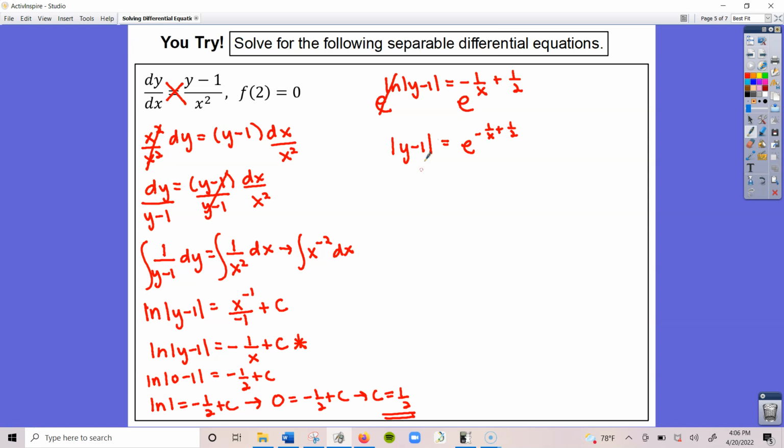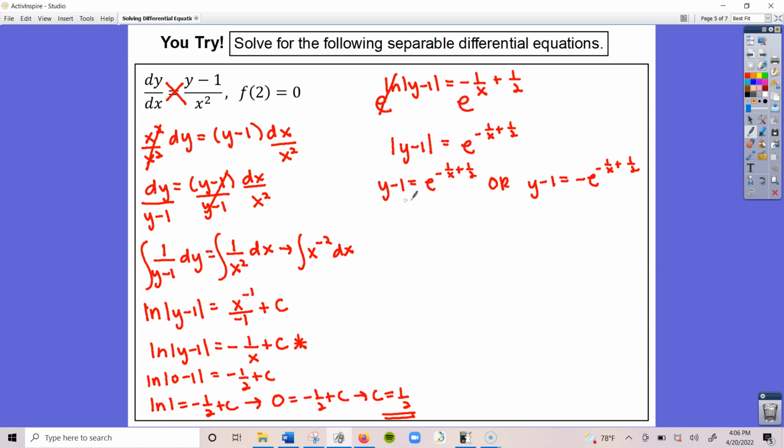Now I want to get rid of the absolute value, so I need to write my two equations. One for the positive version, which will be e to the negative 1 over x plus 1/2, or the negative version, which would be y minus 1 is equal to negative e raised to the negative 1 over x plus 1/2.